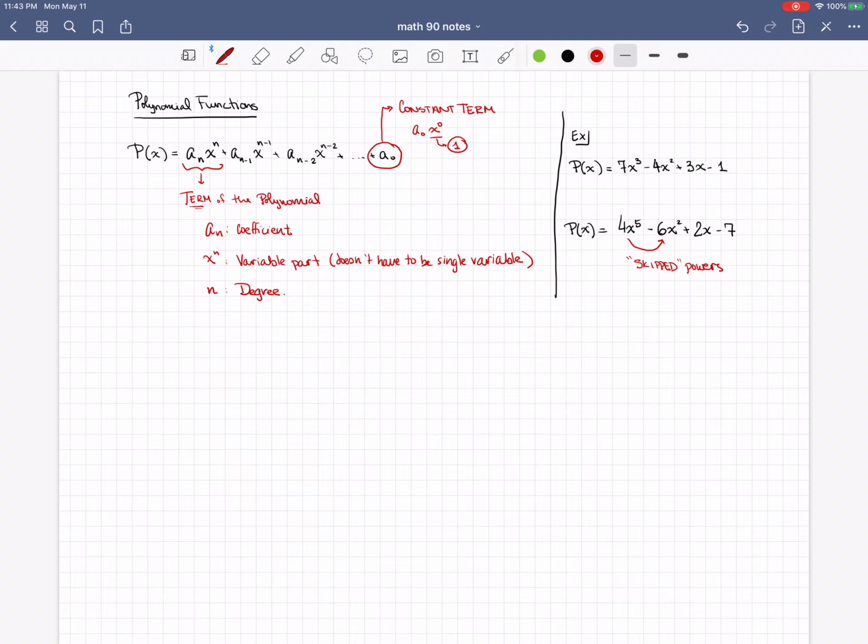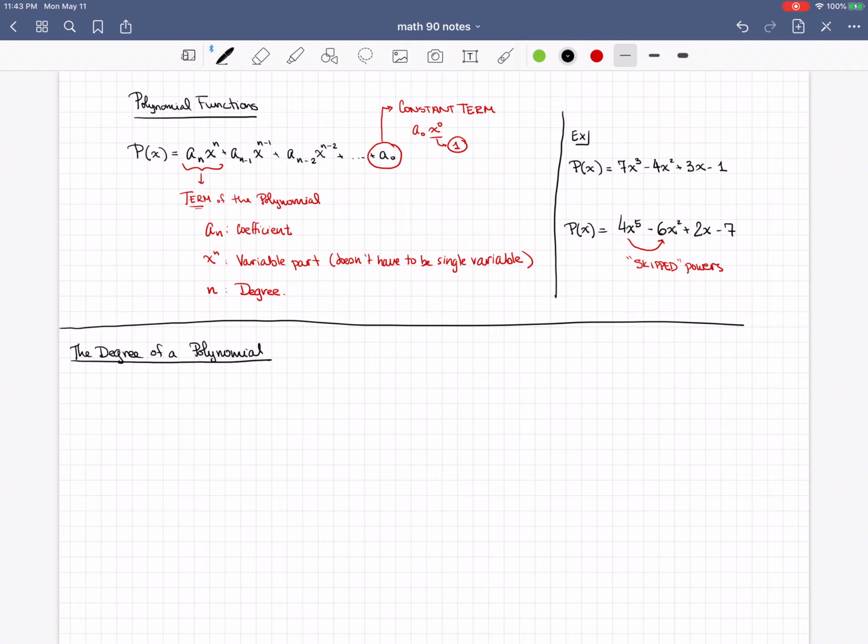All right, so that's the very basic groundwork of what a polynomial function is. I want to continue on with this idea of degree. So the degree of a polynomial. Honestly, from where we sit, the degree of a polynomial may be its single most important feature.